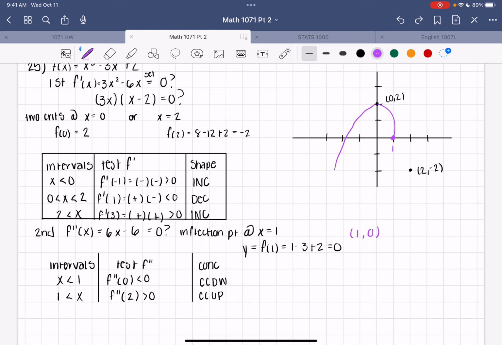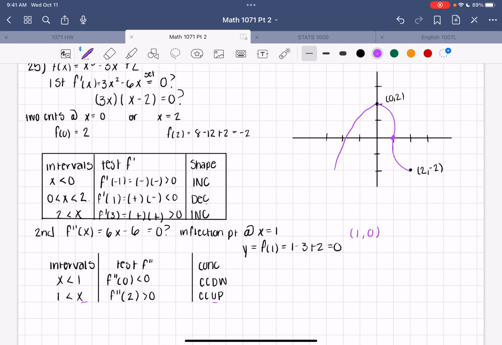Now between 1 and 2, 1 to 2 lies in this row, so the shape is decreasing. But 1 to 2 lies in the second row here, so it's concave up. So I need to sketch a decreasing but concave up curve.